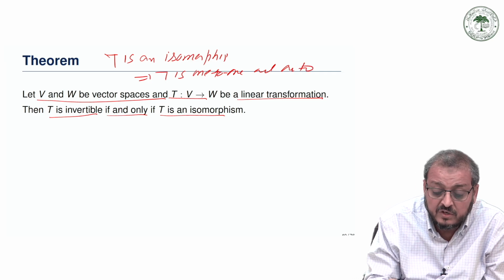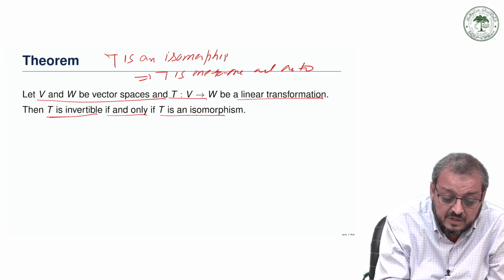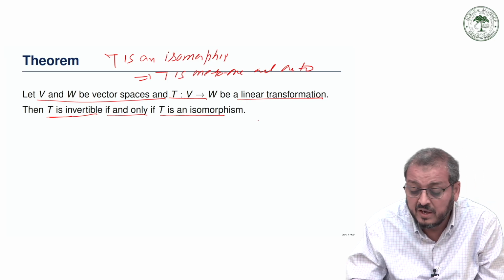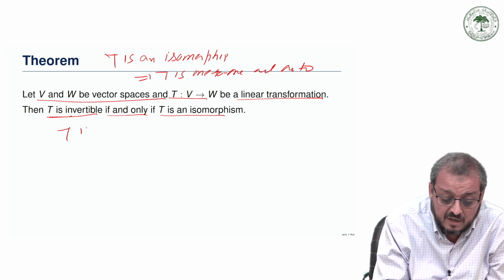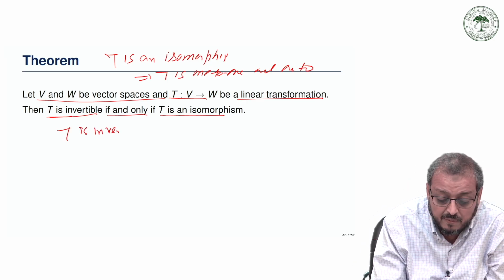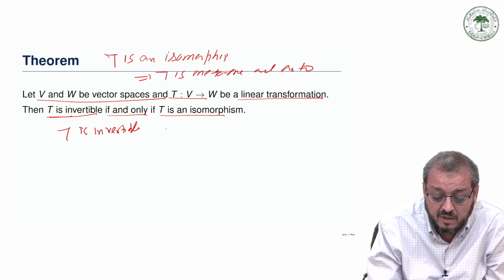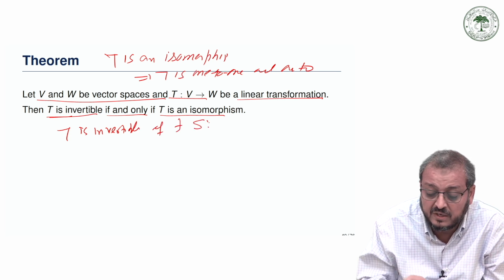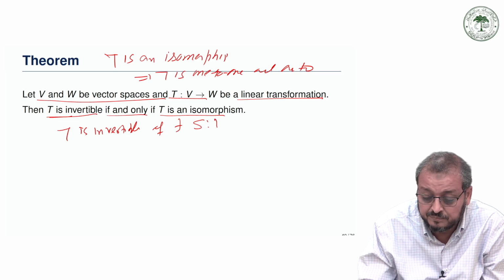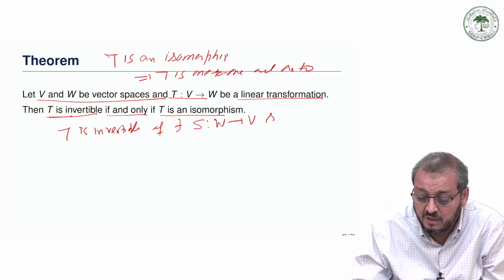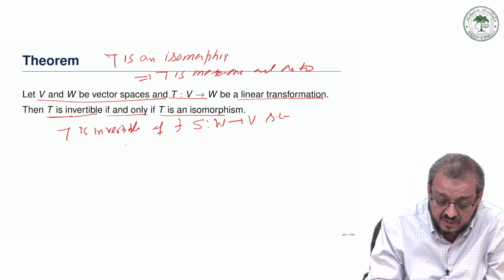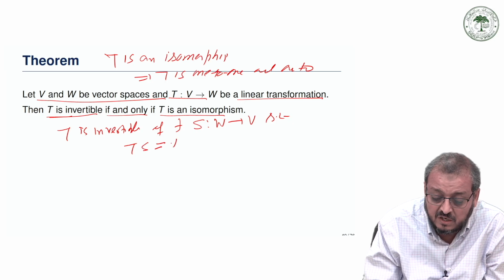T is invertible if there exists a transformation S from W to V such that TS is equal to identity, and ST is also identity.